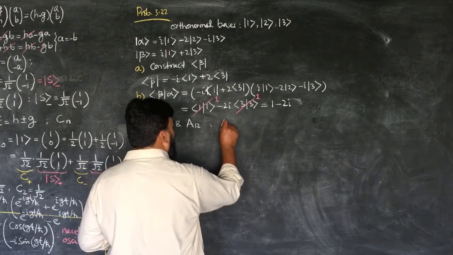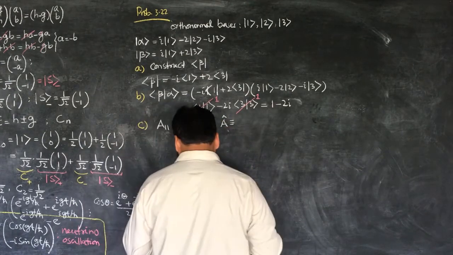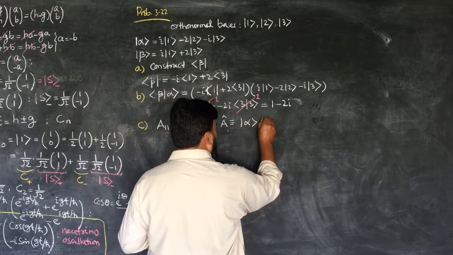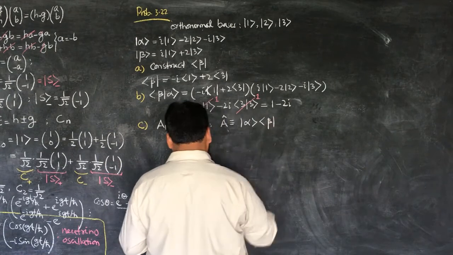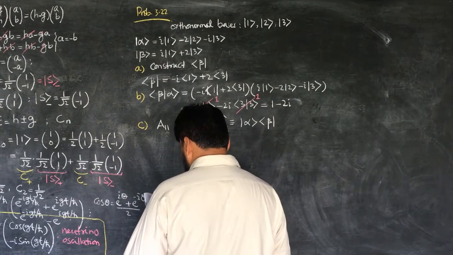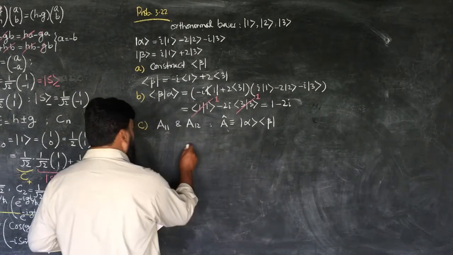The operator is A, which is defined as |alpha><beta|. So we will have to find all the matrix elements.